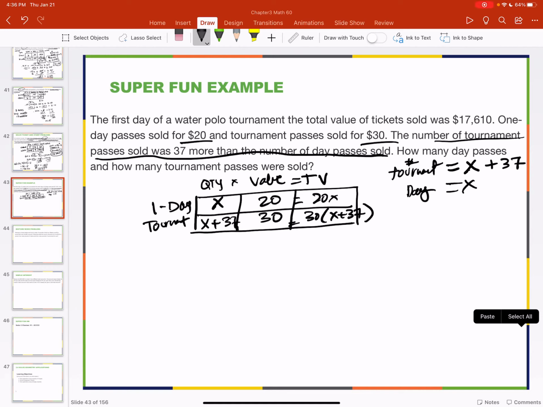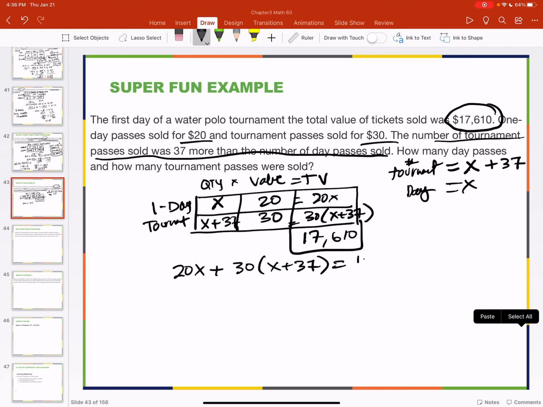Now when we add them together, we're going to get the total amount, which is 17,610. So let's go ahead and write that. 20X plus 30 times the quantity X plus 37 is equal to 17,610. Okay, so let's go ahead and simplify this.